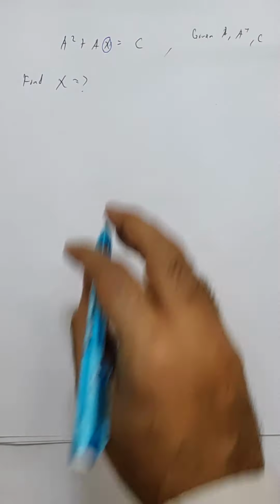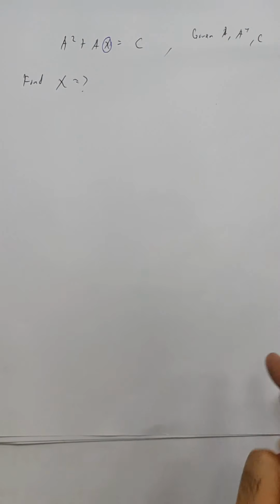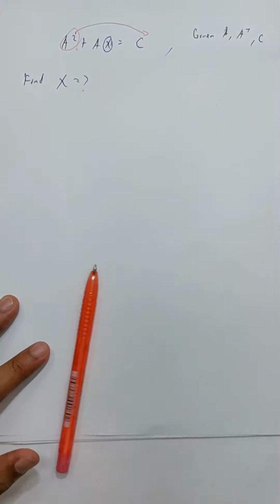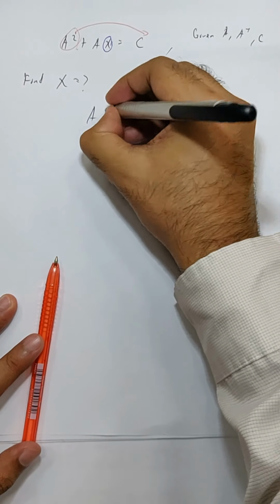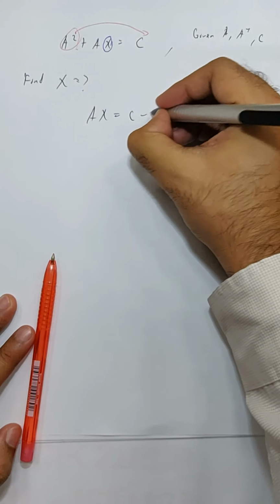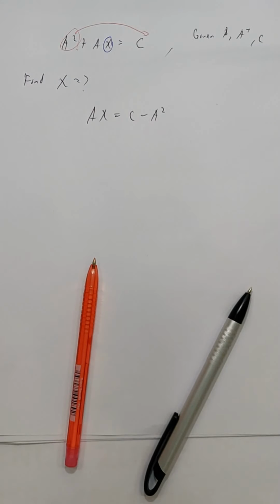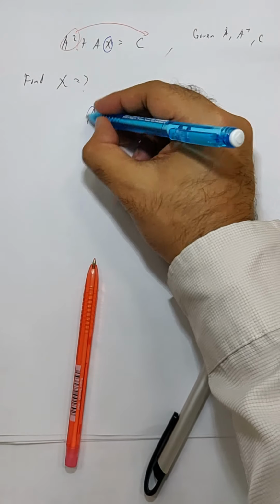This one, right? What I don't need? I don't need A squared. What should I do with A squared? Transfer to that side. I get myself AX equals to C minus A squared. What else should I do? I got my A here.